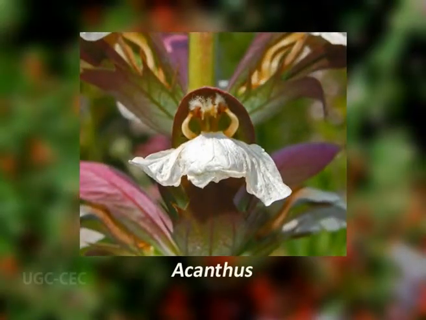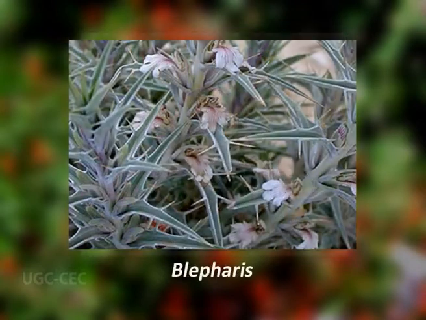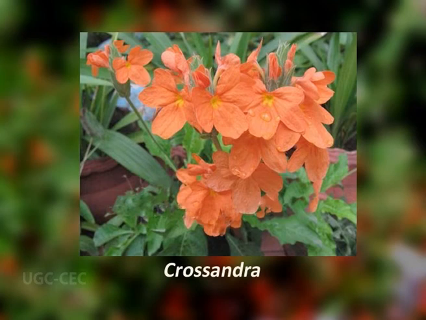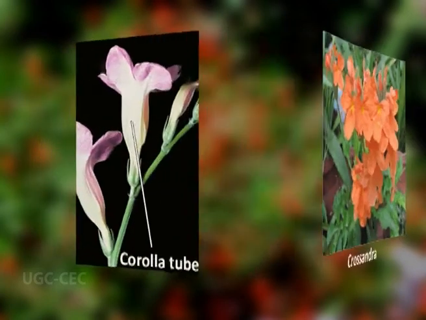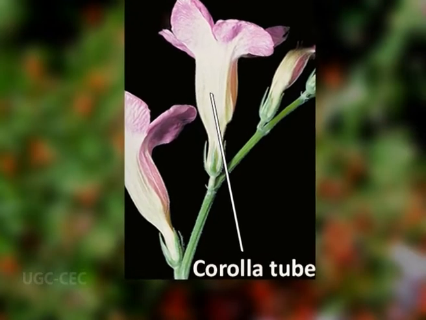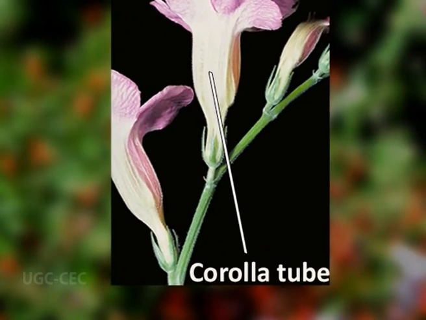Upper lip is obsolete in Acanthus and Belloperone. It's hypocrateriform in Crossandra, sometimes resupinate by 180 degrees. Corolla tube is cylindric or funnel form, ascending or descending cochlear, quincuncial, contorted or open in bud.